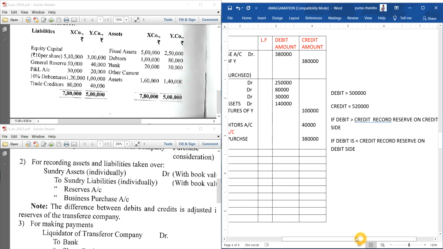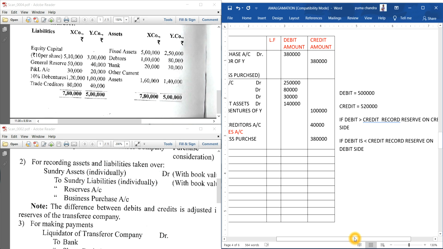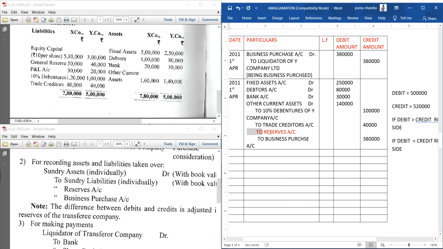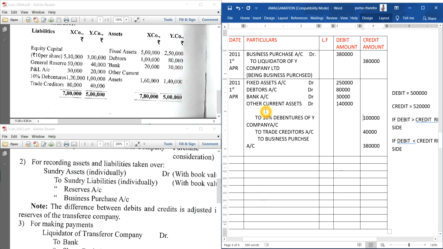Now in this problem, the debit is less than credit, so we have to record reserve on which side? Debit side. So take this reserve to the debit side.